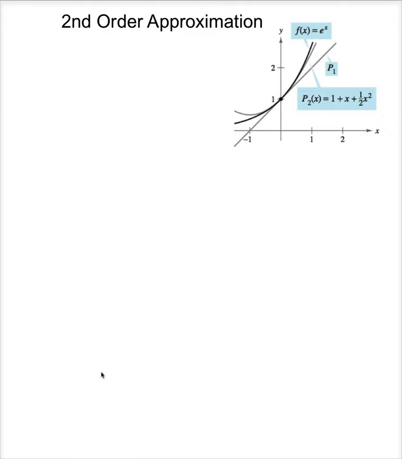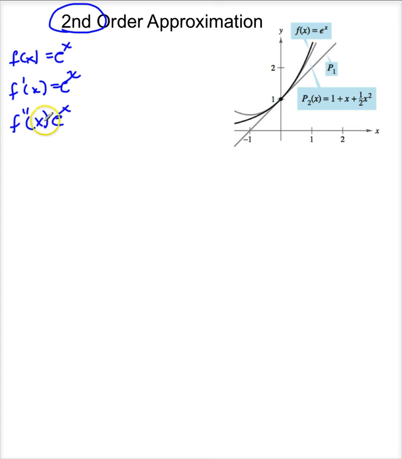Now suppose I wanted a second order approximation of e to the x. All right, so I know f of x is e to the x, f prime of x is e to the x, f double prime of x is e to the x. Because we're doing second order, we're going to need everything up through the second derivative to be equal.